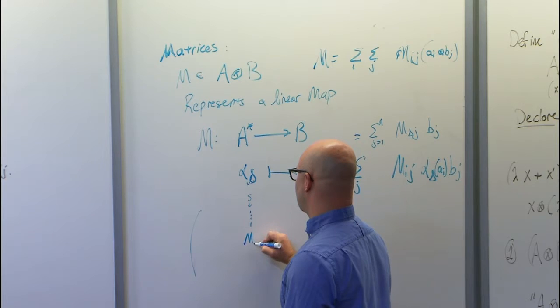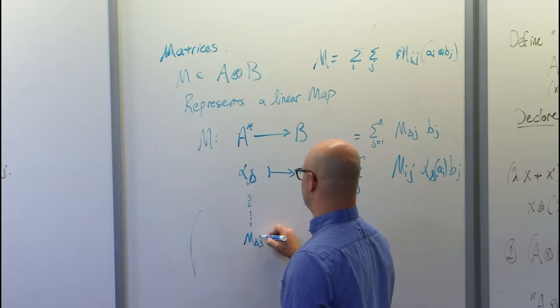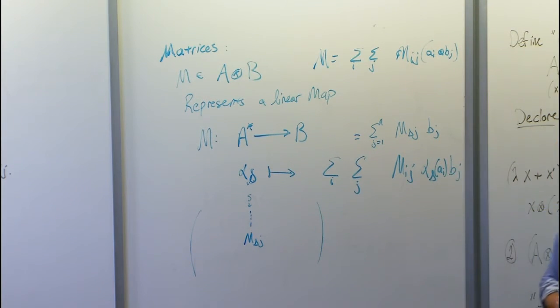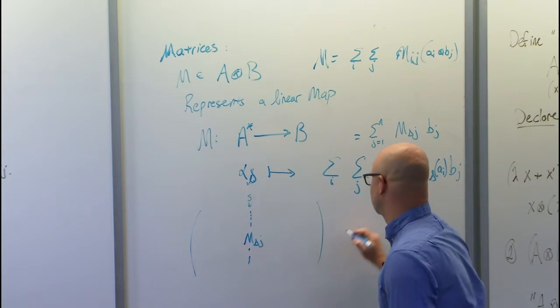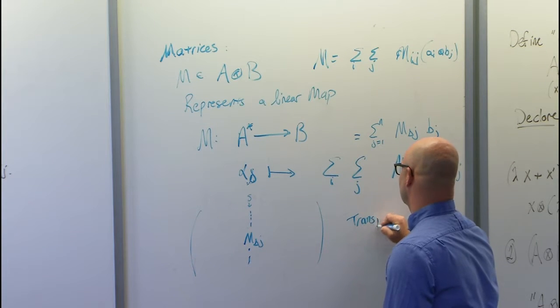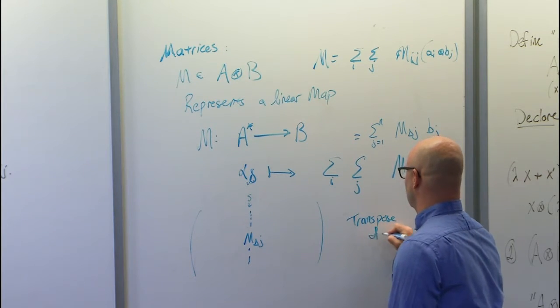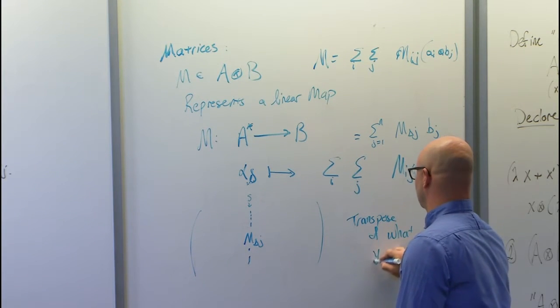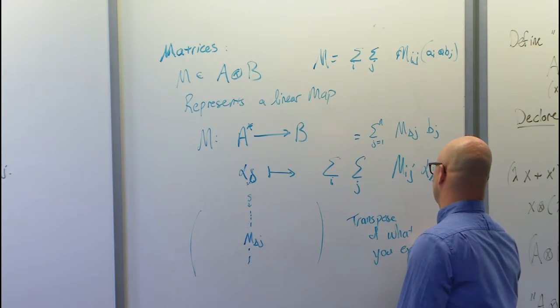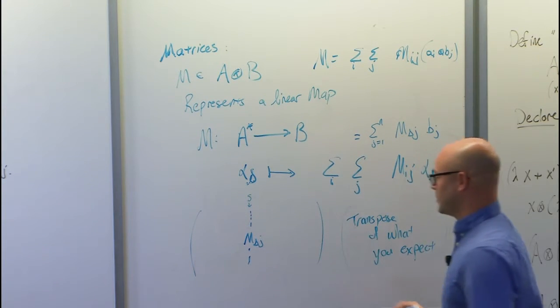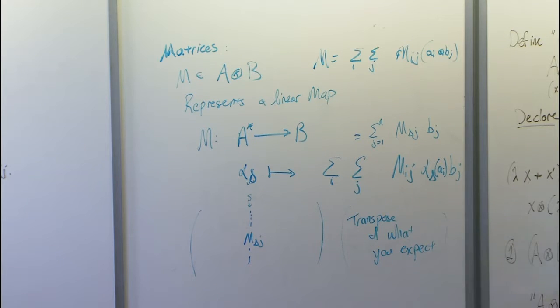What goes in the S column is M S J. So the row index S is indexing actually the columns for this matrix. So this is the transpose of what you expect.